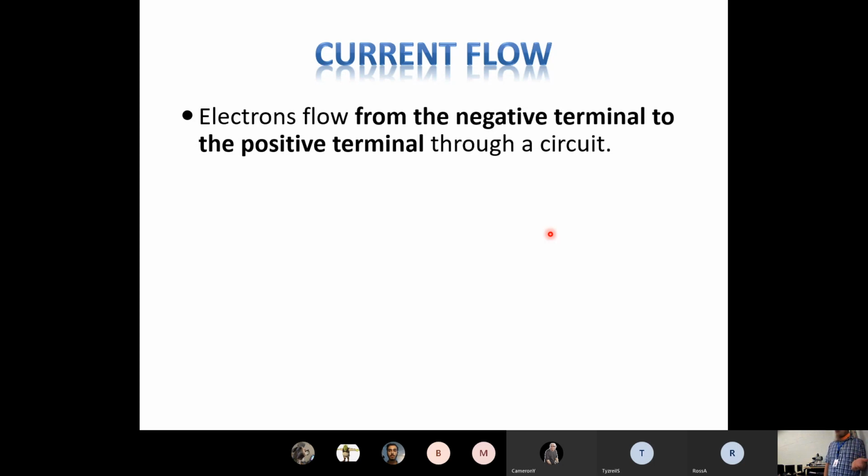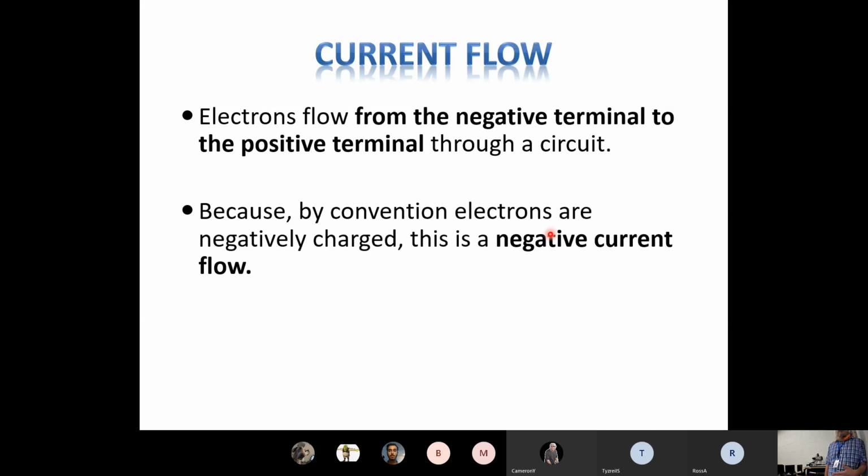The current for electrons flows from the negative terminal to the positive terminal through the circuit. This is called a negative current flow because electrons are negatively charged, and that's why it does that.